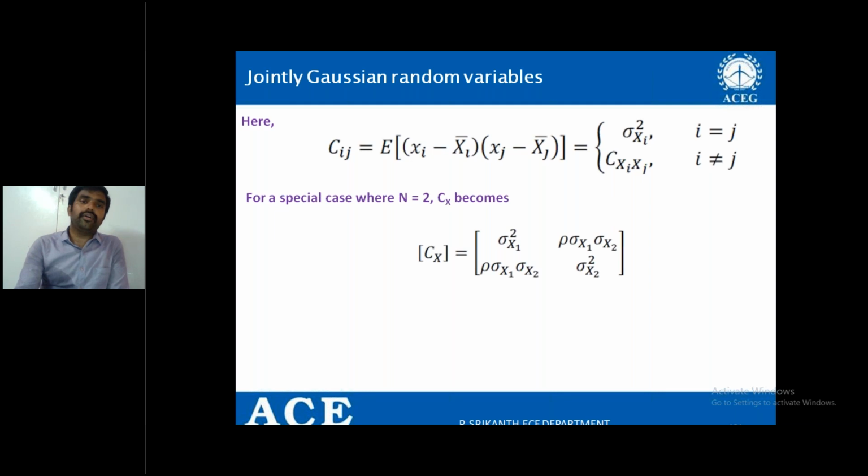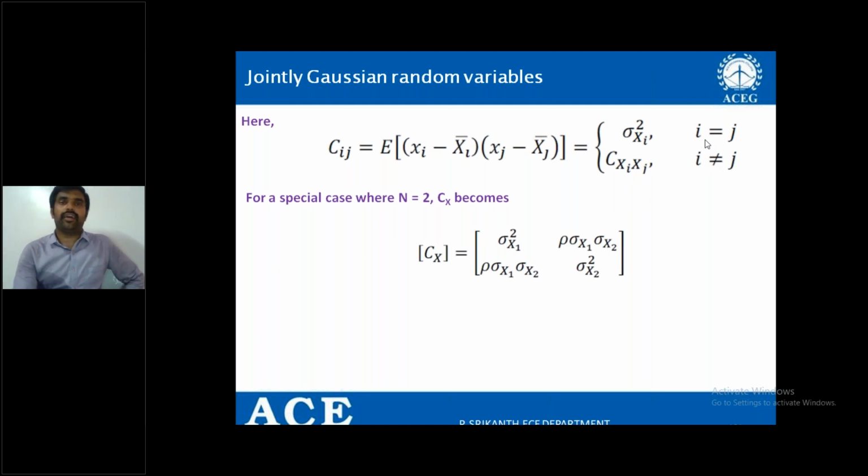And here what is Cij? In fact, C11, C12, like that I am writing. The general term I can write here, Cij, is nothing but the covariance, equal to the expectation of xi minus xi bar into xj minus xj bar, where the whole term equals the variance if i equals j.